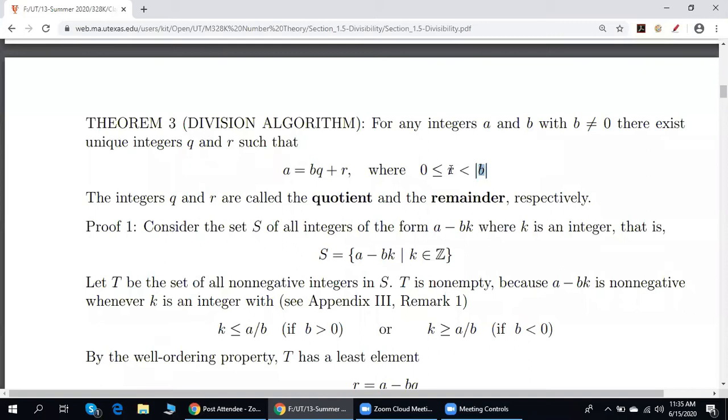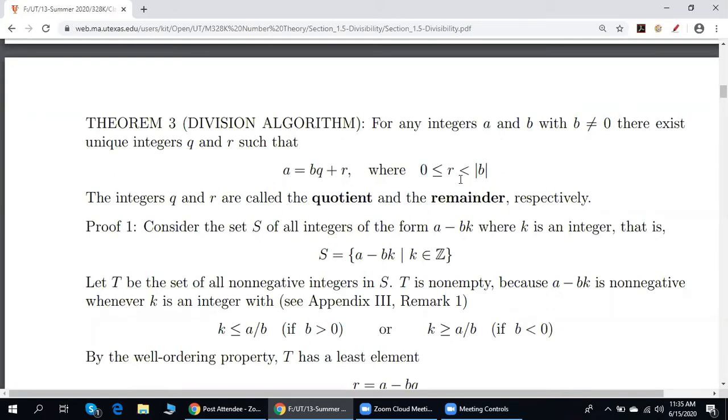But now, since R is an integer and R is greater or equal to 0 and lesser than 2, we have only two possibilities for R. R is either 0 or 1.